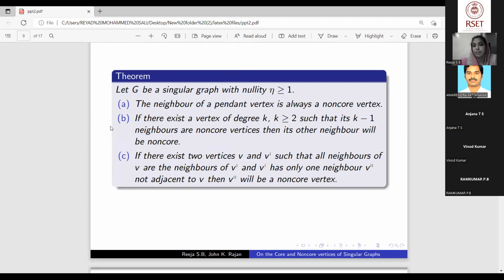B, if there exists a vertex of degree k greater than or equal to 2, such that its k minus 1 neighbors are non-core vertices, then its other neighbor will be non-core. C, if there exist two vertices v and v dash such that all neighbors of v are the neighbors of v dash and v dash has only one neighbor, v double dash, not adjacent to v, then v double dash will be a non-core vertex.